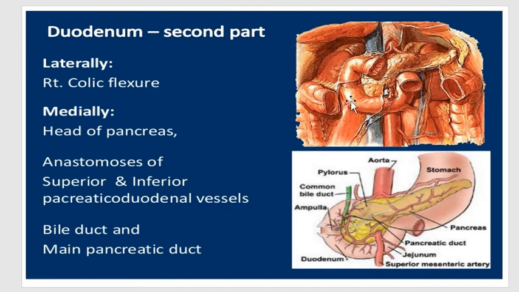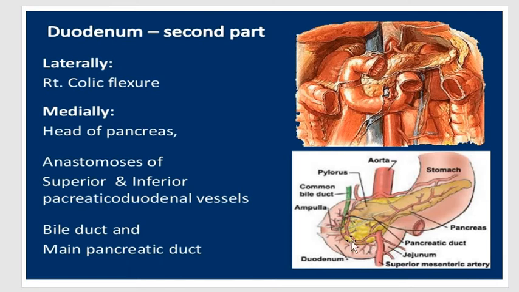Now for this second part of duodenum, what is there laterally? Laterally what is found? The right colic flexure, the right colic hepatic flexure comes in. So this is related laterally. What lies medially? The head of the pancreas is present. And you can see the superior and inferior pancreatico-duodenal vessels anastomosing in the concavity of the duodenum.